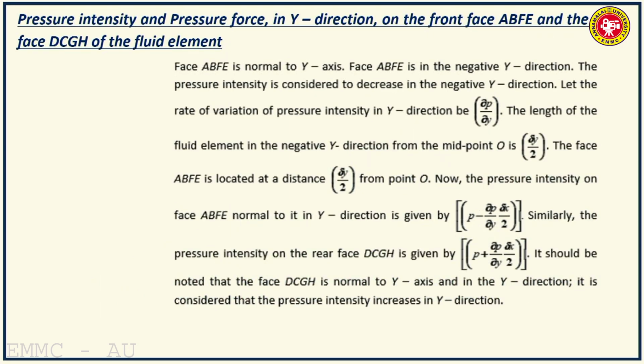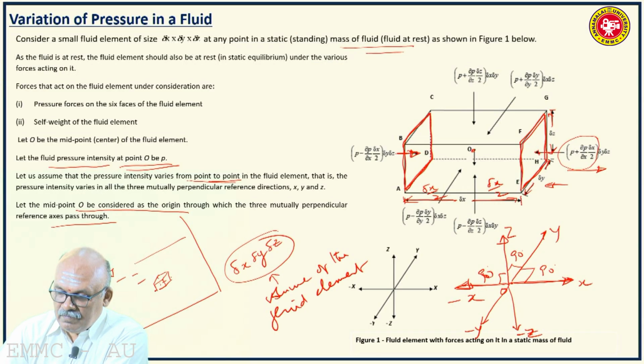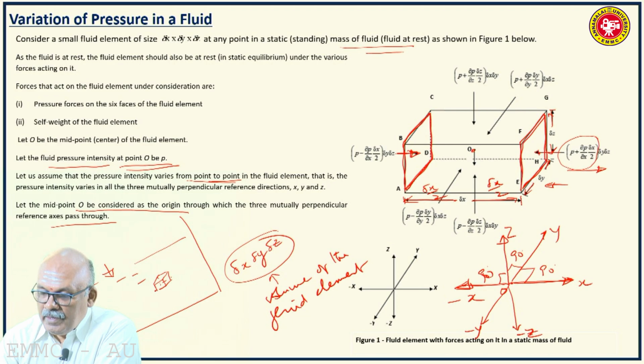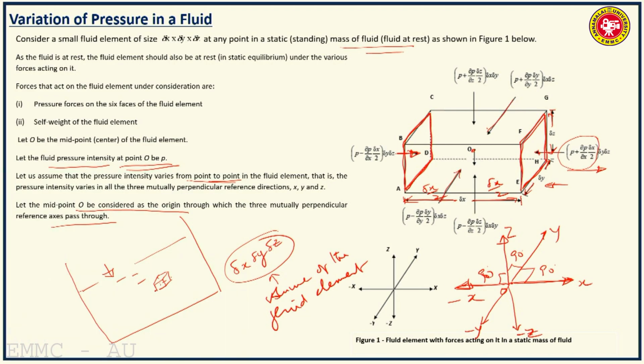Okay, let us now go to the Y direction. We will derive an expression for the pressure intensity as well as the pressure force in the Y direction on the front face. Y direction means this is the Y direction; this is the negative Y direction force, and this force is acting in the positive Y direction.